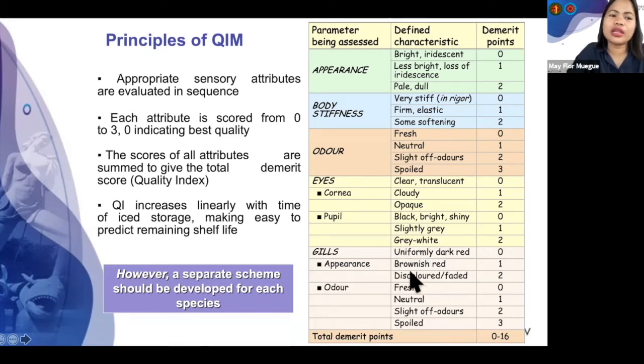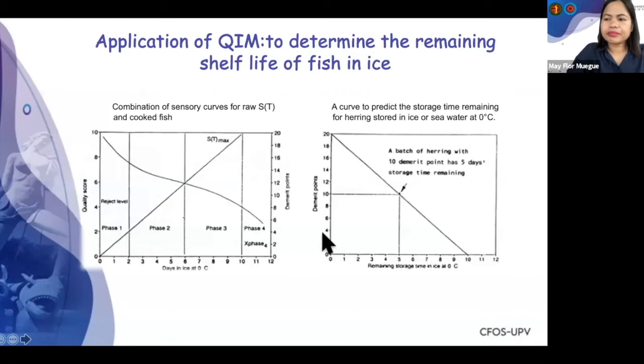So ibahin mo din. You have to also change the scheme. Sinabi kanina, quality index increases linearly with time of ice storage. So using the quality index method, you can actually predict the remaining shelf life of fish stored in ice.